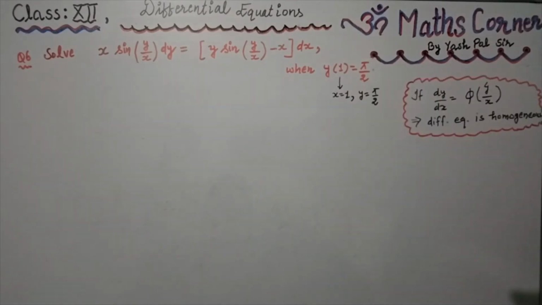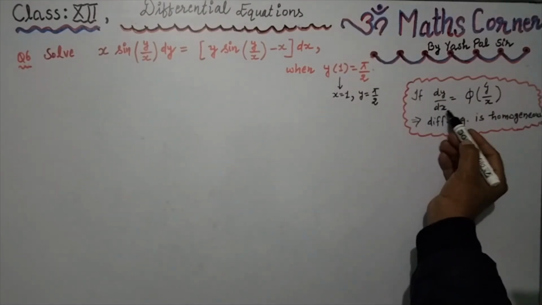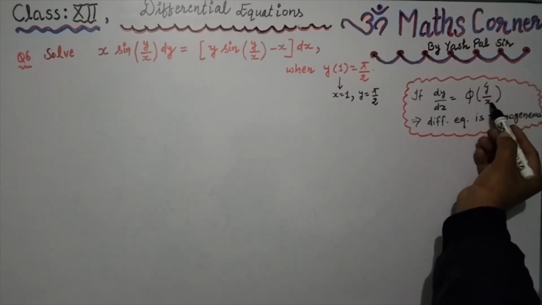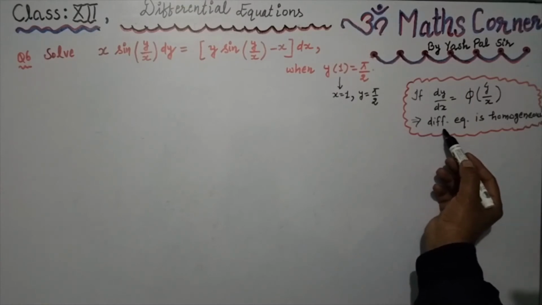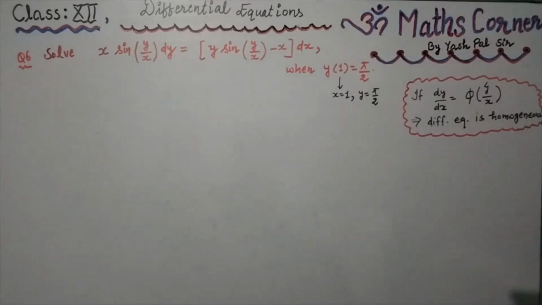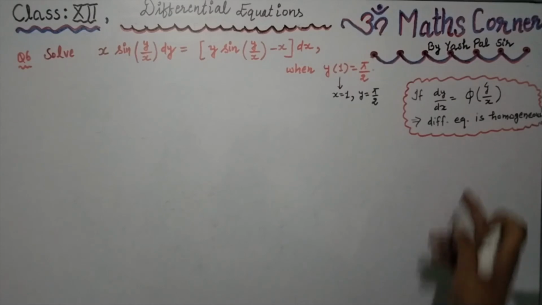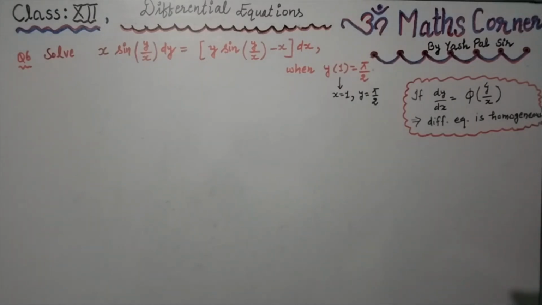So here this differential equation is homogeneous. Why? Because if dy upon dx is equal to phi of y upon x, that is a function of y upon x, then we say that the given differential equation is homogeneous.